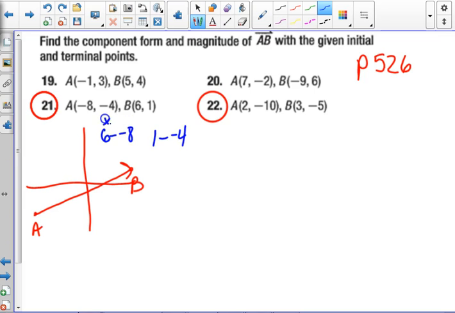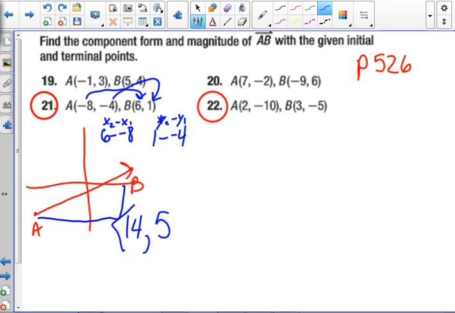You subtract the x's and you subtract the y's. Now, this is not how I would have done it. That's the rule, though. This will do it. My rule, remember, was you're going from A to B, so you went 14 to the right. And then you're going from -4 to 1, so you went up 5. So we're figuring out how far over and how far up. And then we have components.